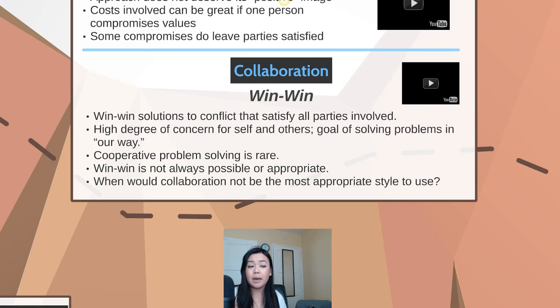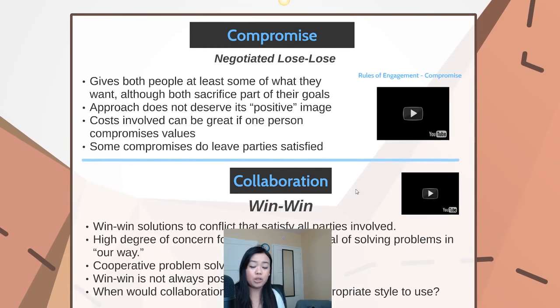Romantic partners, family members. Collaboration is kind of appropriate for those contexts because you care about those relationships, right? But again, remember that this type of problem solving is very rare and not always possible or appropriate. So we definitely put it up on this high pedestal, but just know that if you are trying to get to it, don't worry if you're getting frustrated because it's very difficult.